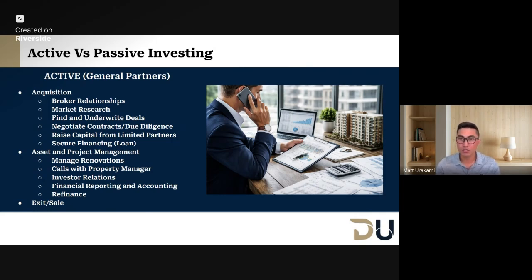So you're managing a manager, but being hands-on and making sure the day-to-day operations are handled accordingly. Then there's investor relations, which comes with financial reporting and accounting, making sure we are communicating effectively and continuously through the life of the investment to our investors. If there are any refinances on the property, and then handling the entire exit through a sale at the end of the business plan.